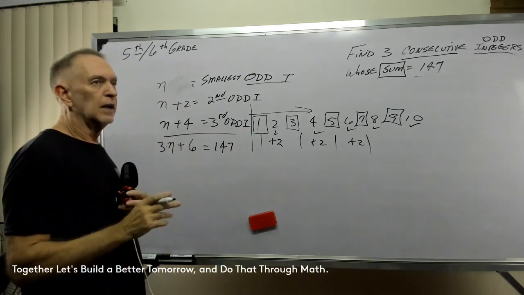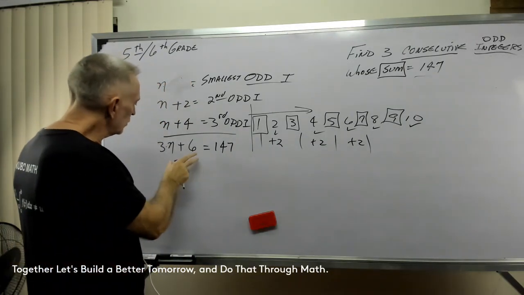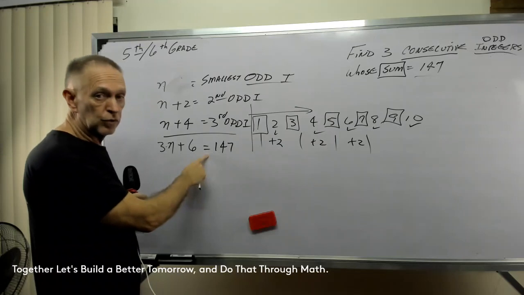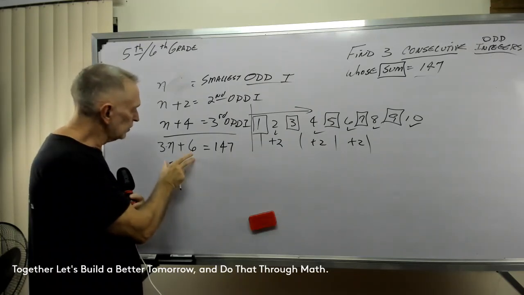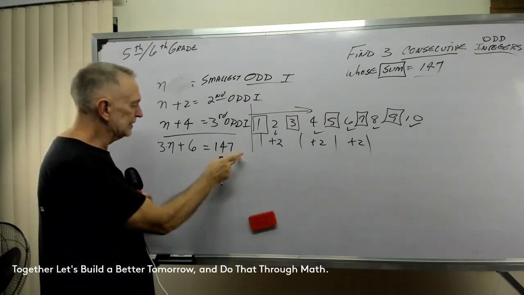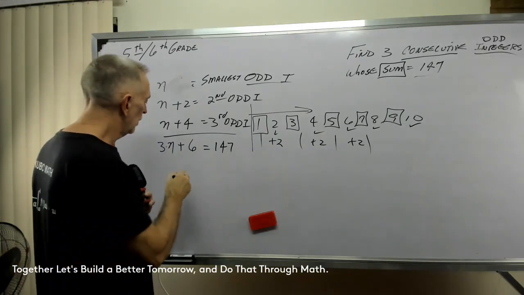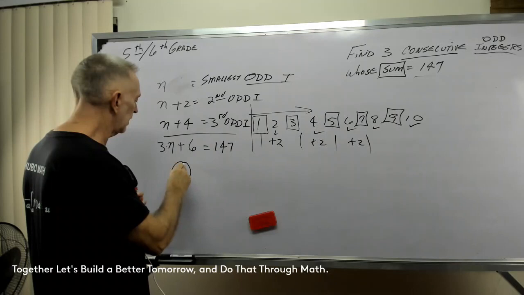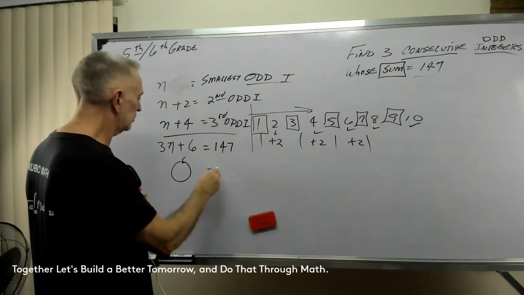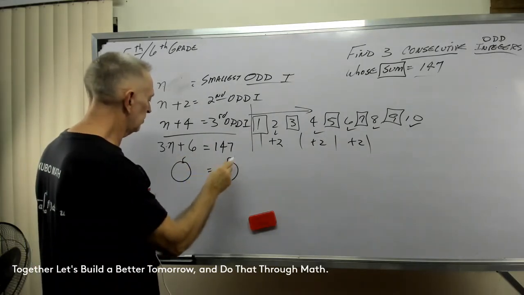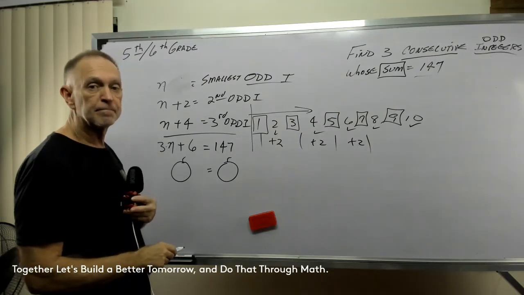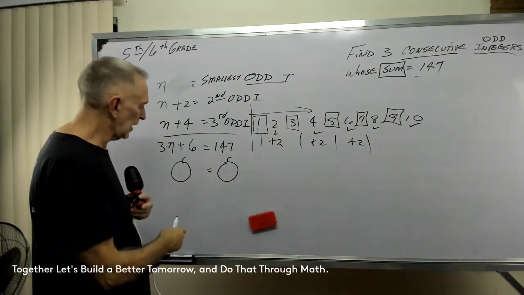Okay. Now, you'll notice with this equal sign, what's on this side of the equation is equal to what's on the other side of the equation. Let's assume for a moment I had a big apple right there and it's equal to this big apple.